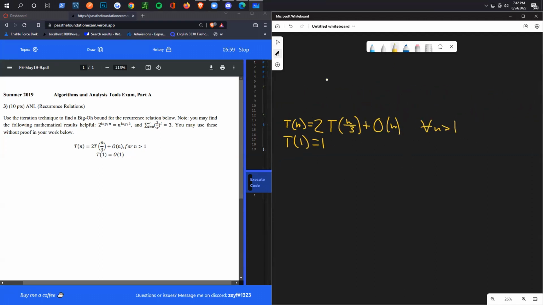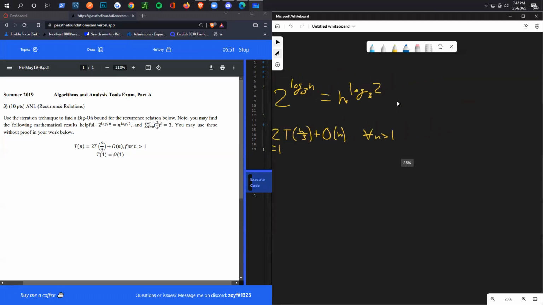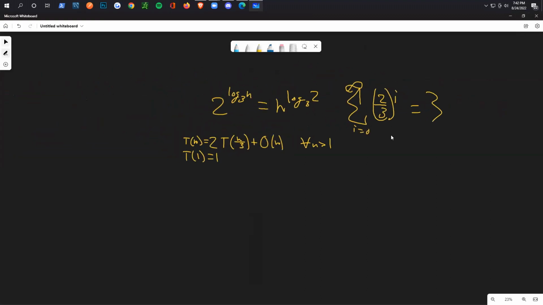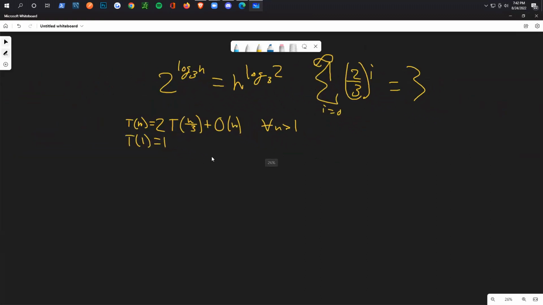Let me just write these extra things on the side in case we run out of time. Okay, so we have this recurrence relation.